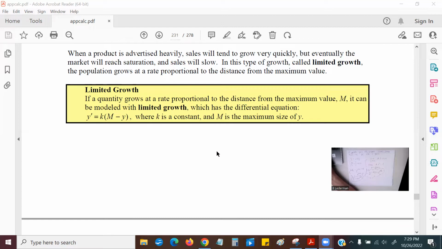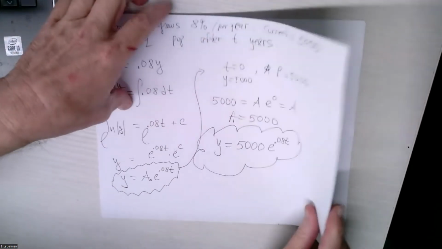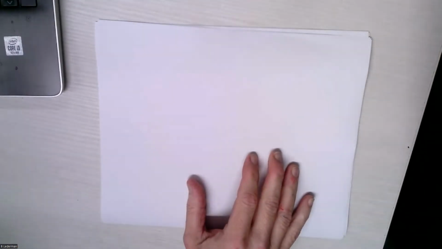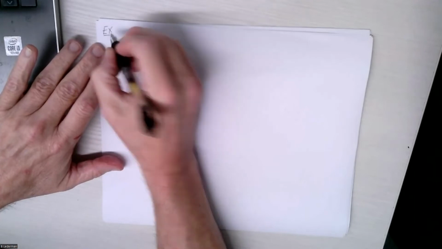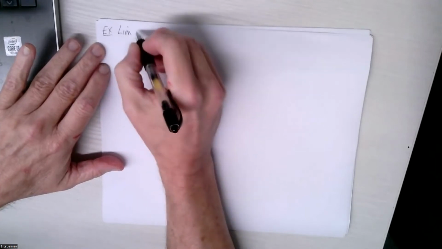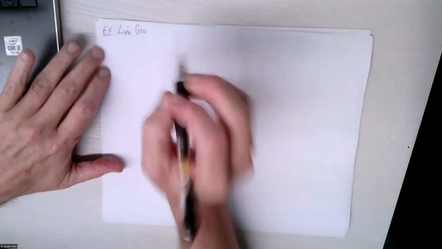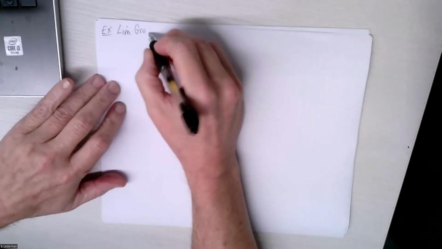But let's do a problem here. So I want to go back to my pencil. Let's get some more paper here. This is a very fine problem. Here's the example I want to give for limited growth.